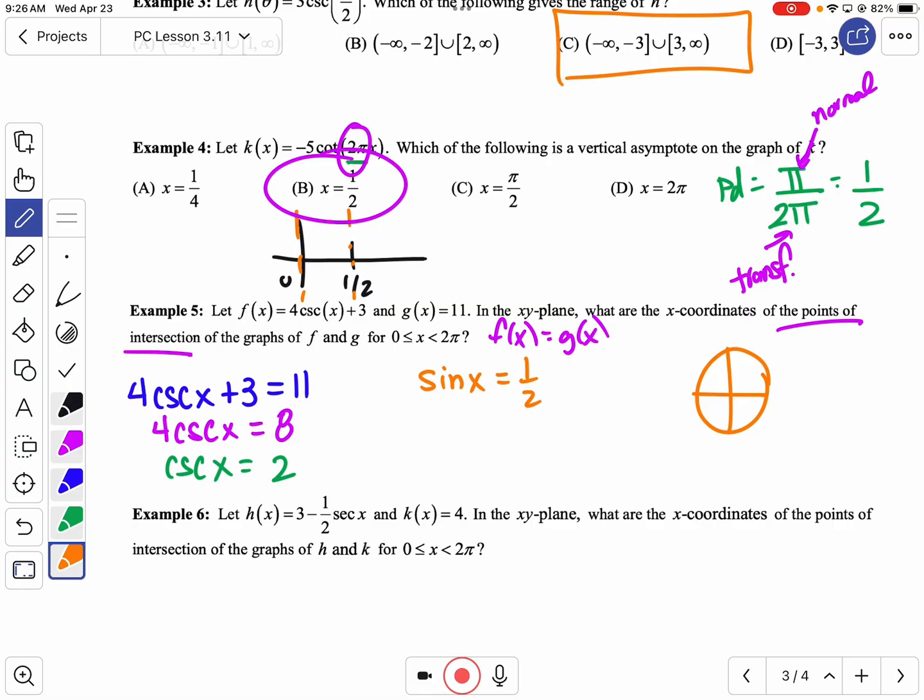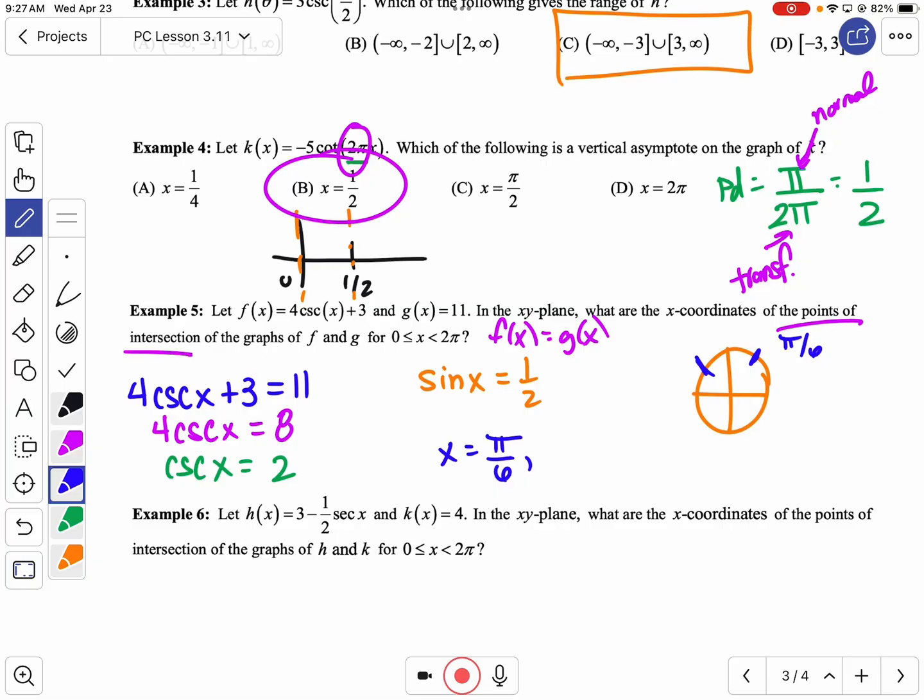Okay, well, in order for it to be positive, it would have to be in the first and the second quadrant. Which one of our families gives us a y coordinate of 1/2? Pi over 6. Okay, so in the first quadrant, x is pi over 6.